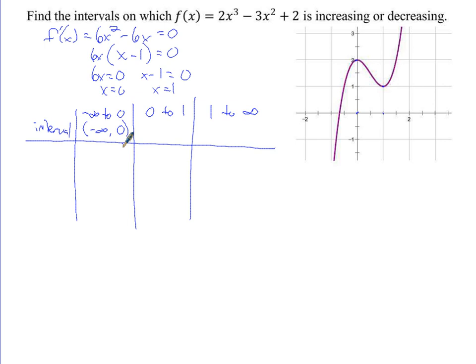And the parentheses are telling me I'm not including either of those. Here, 0 to 1, and I'm not including either of those. I'm not including critical numbers. And finally here, 1 comma infinity, you read it as 1 to infinity, and they're all parentheses. So for interval notation on these, you'll use parentheses. You're not including critical numbers.